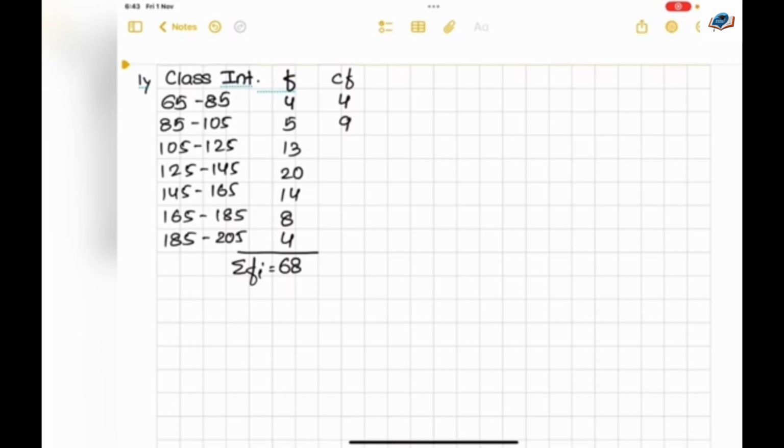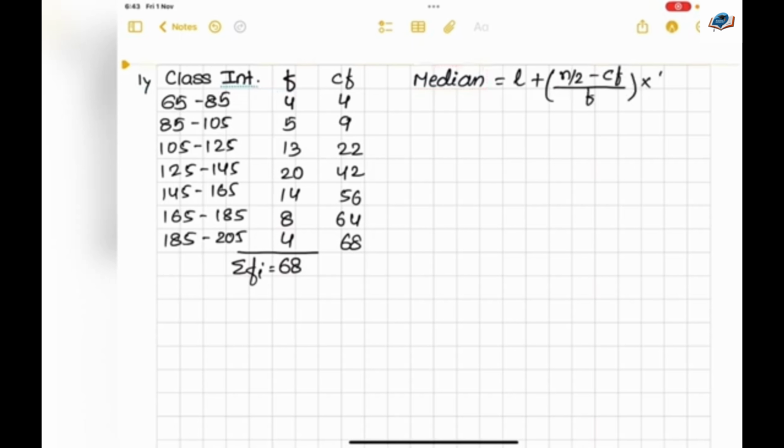4 plus 5 will be 9. 9 plus 13 will be 22. Then 42, 56, 64 and 68. So these two numbers came same. That means I am right. Now I have to find median. So median formula is L plus (n upon 2 minus Pf) upon f into h.